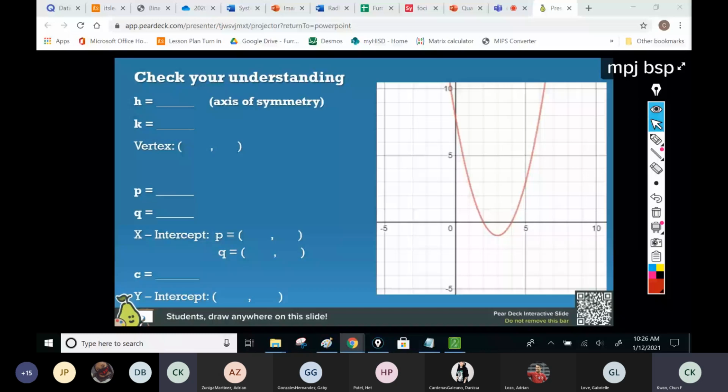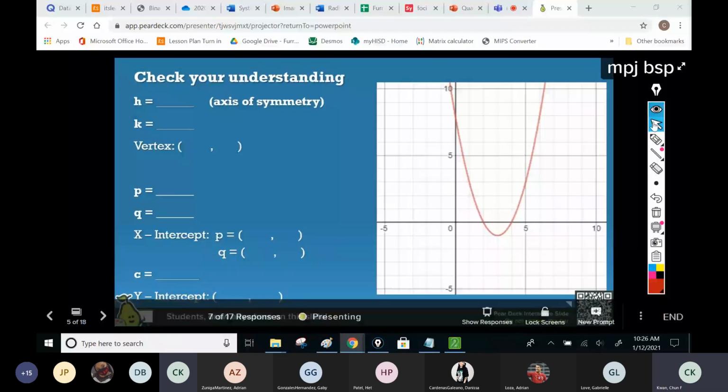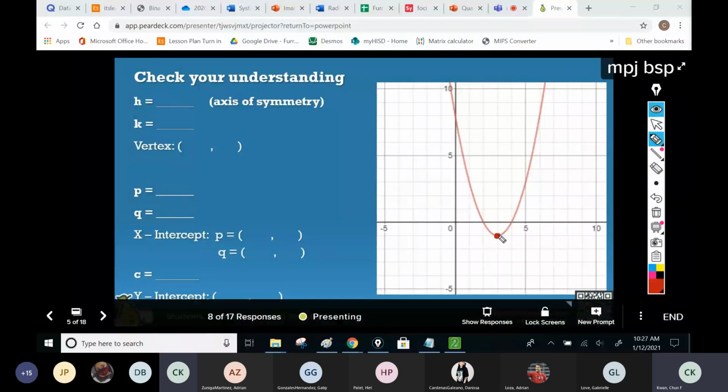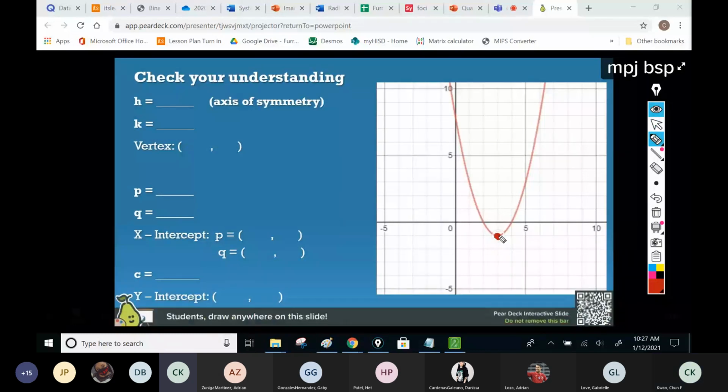All right, so everyone scan the vertex. I see quite a lot of you guys got the vertex correct, so that's good. So the vertex is right here. The vertex is the tip, so the tip of the graph, that's the vertex, and the location of this vertex is (3, -1).